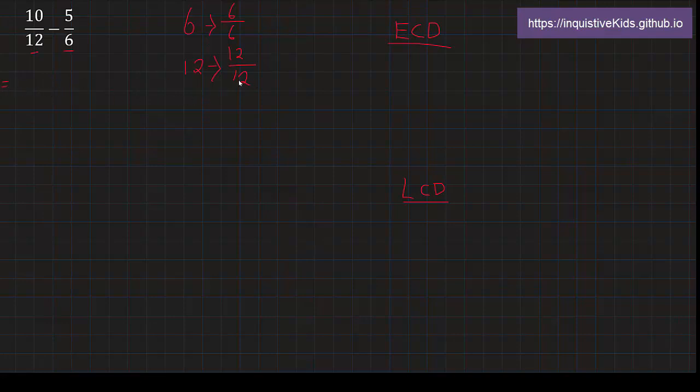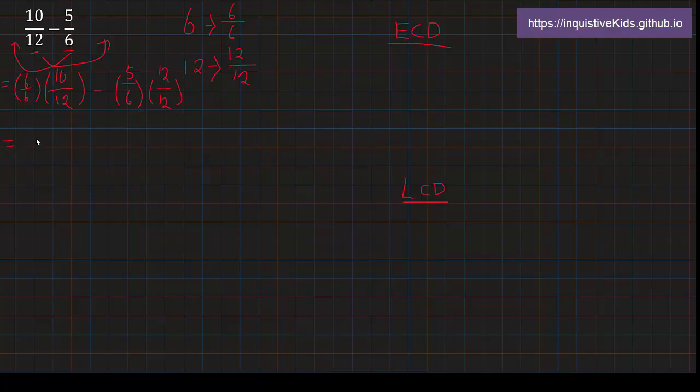Next, we multiply each of these whole fractions to the other fraction, or to the other side. So that would be 6 over 6 multiplied by 10 over 12 minus 5 over 6 times 12 over 12.